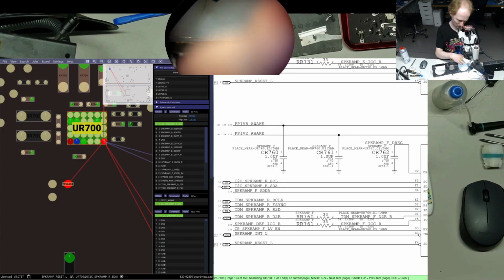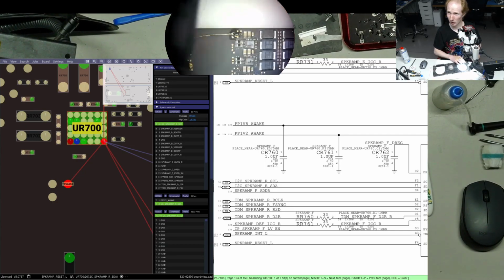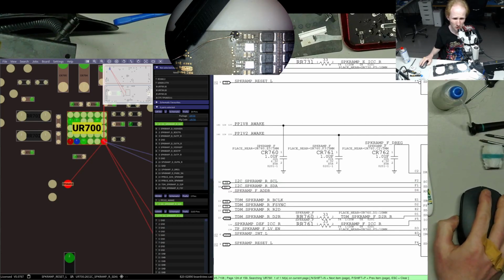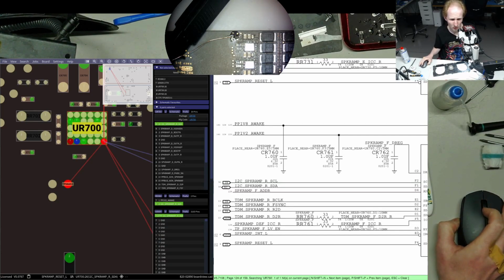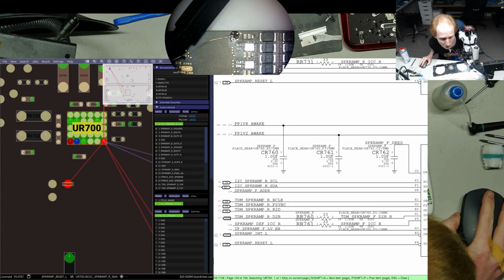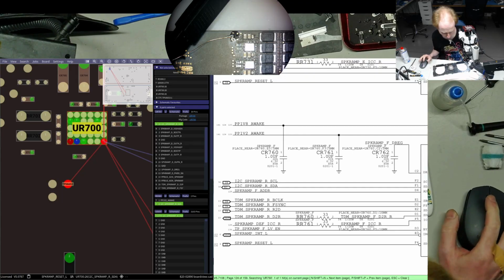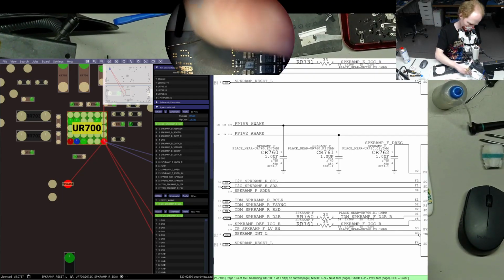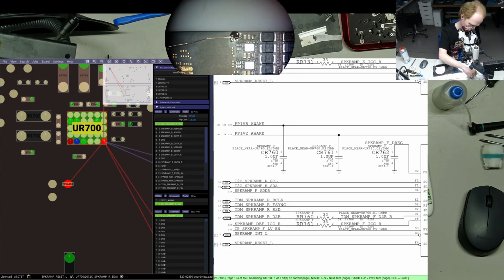So we have 38, 38. We have 3C, 3D. Okay, it didn't like something about 38. I'm not quite sure. Okay, we need to do it once again. Maybe ground got disconnected on the way.